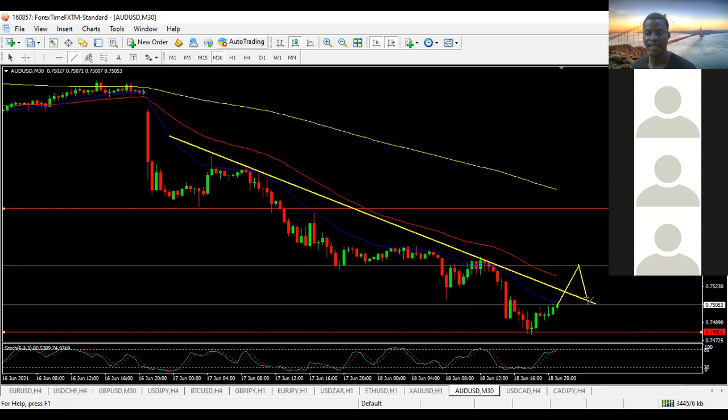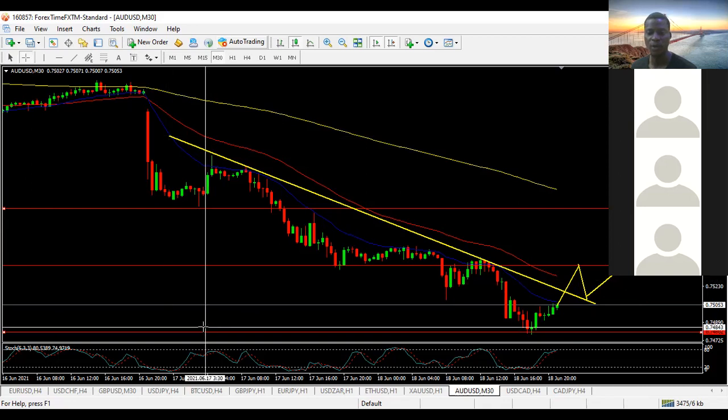I'm teaching you how to get fresh entries now. Once you pick the trend line, you're going to pick your entries, making sure the market touches this one. So you pick your entry somewhere after the retest, when it's going up, around somewhere here. So where will your stop loss be?